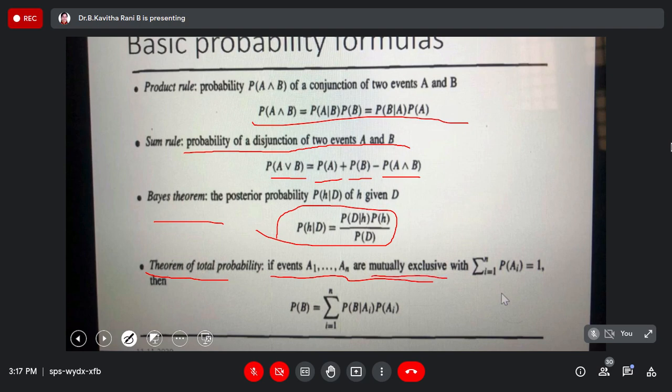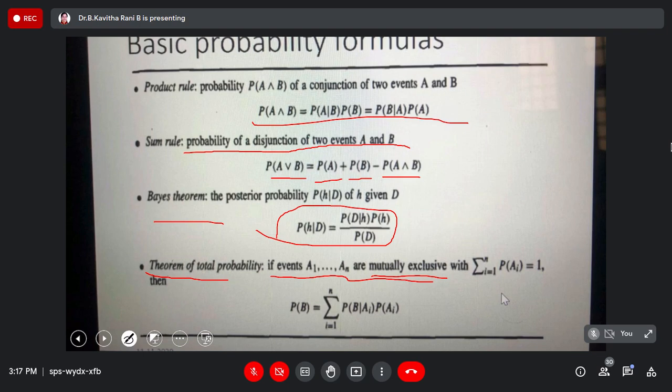Example, take the example of tossing a coin. So if you are getting heads, head appears on top, it excludes the chance of tail appearing on top.